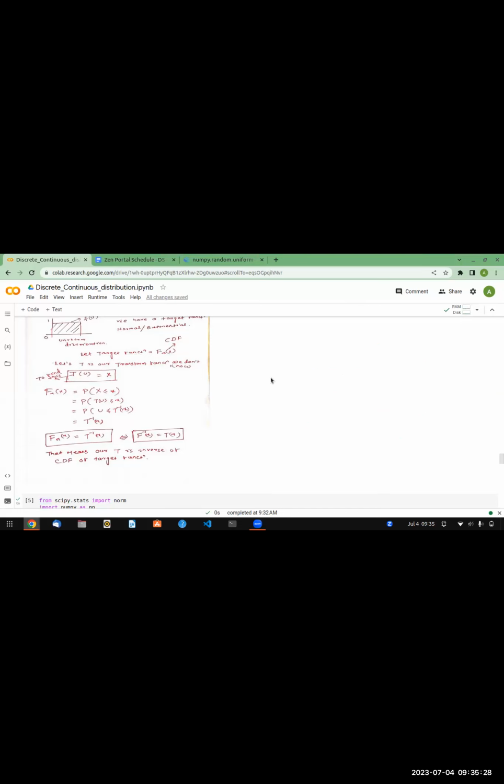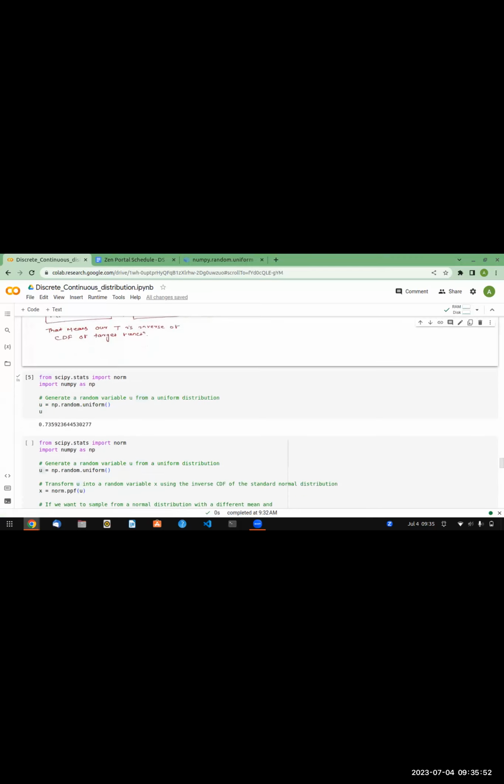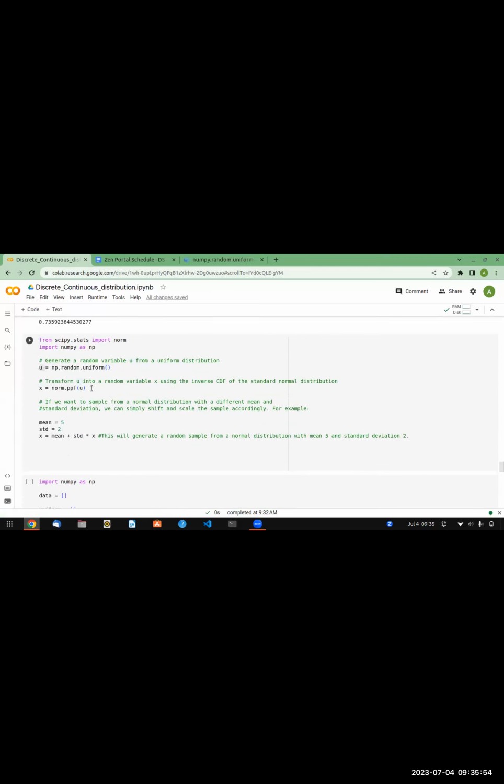Just understand that when you use a function to do one thing, the inverse lets you come back from back to front. That's why I'm not explaining this mathematics, so you don't get confused. This inverse part is done by norm.ppf.